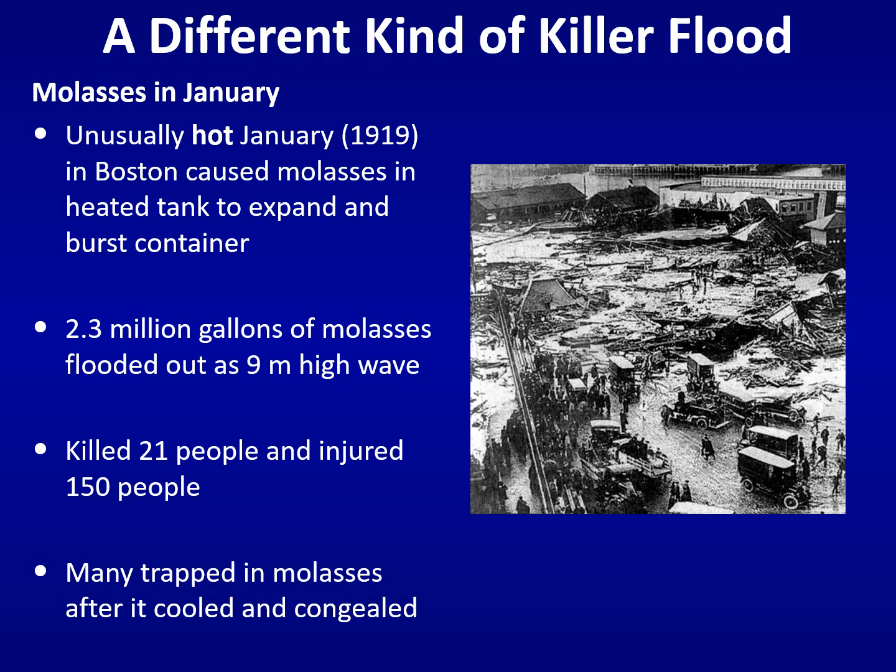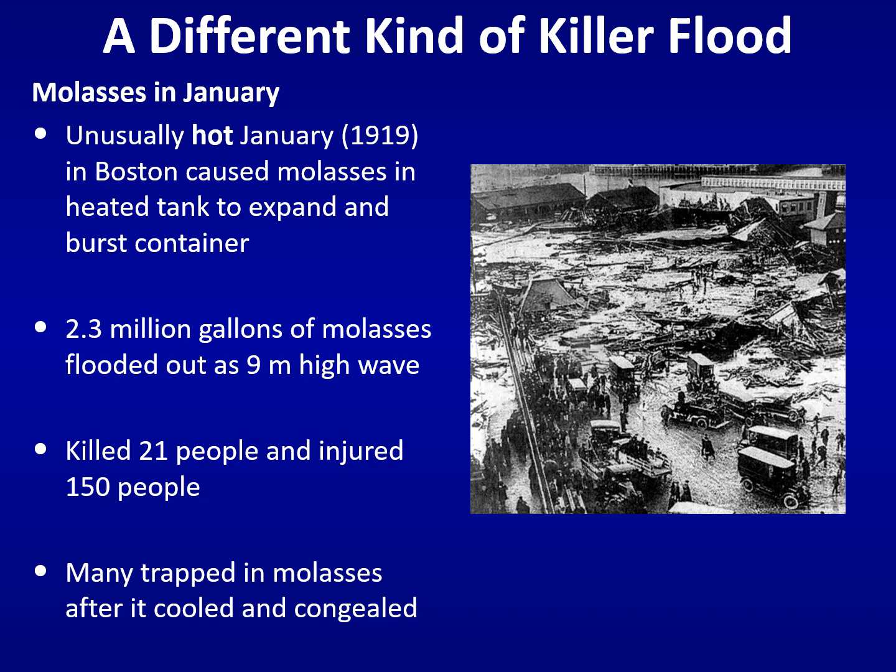I'm going to end today here with a flood of a different kind. An unusually hot January in 1919 created a situation where molasses tanks in an area in Boston burst. And this burst of molasses tanks, and we're talking like 2.3 million gallons of molasses, caused a brown wave that was 9 meters high of this hot flowing molasses.